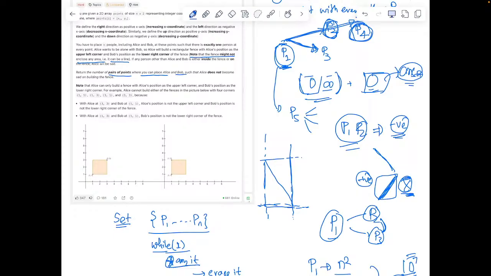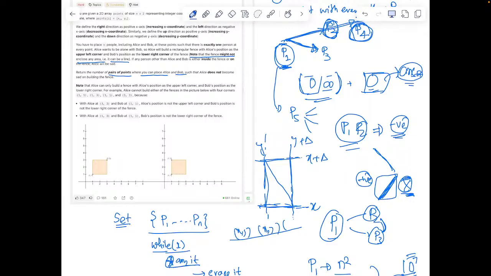So for a point, this is clearly x and x plus delta. And this is y and y plus delta. So we have to find if there are points. So we have xy pairs given.